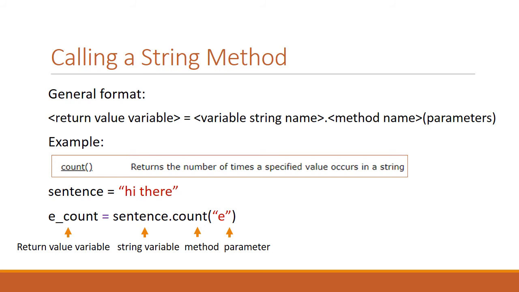We assign the variable sentence the value "hi there", and then we write the code where we want to count the number of times the substring e appears in our string. So we have the variable eCount and we assign it sentence.count('e'). And this returns the number of times that e appears in the sentence, and eCount will be equal to 2.